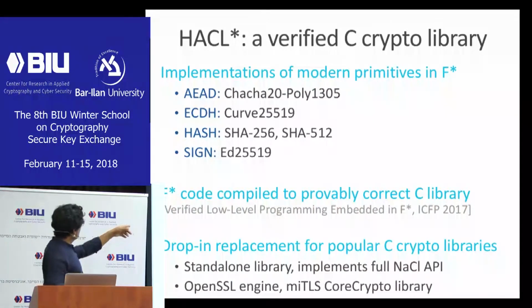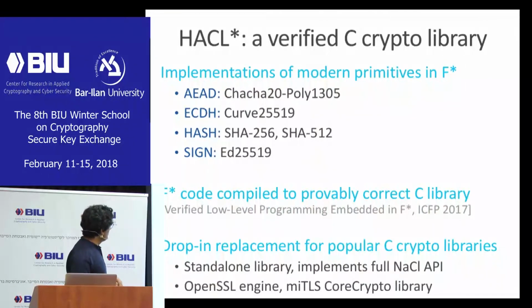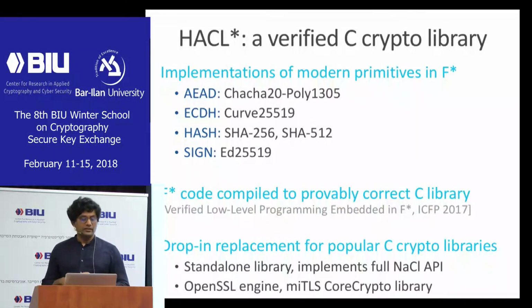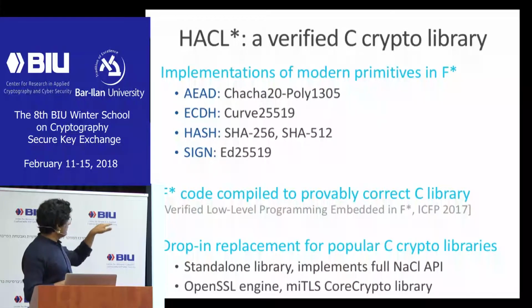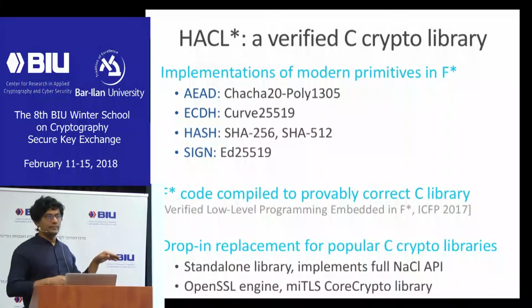In particular, we have verified these algorithms over there. We write them in F*, verify them, and then compile them down to C. The library is enough to implement a full cipher suite of TLS 1.3 and also the NaCl API by Dan Bernstein.